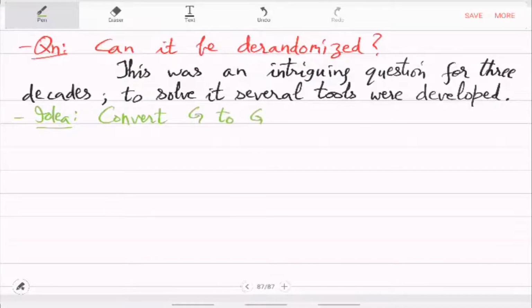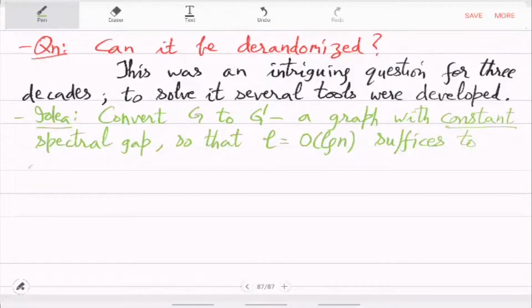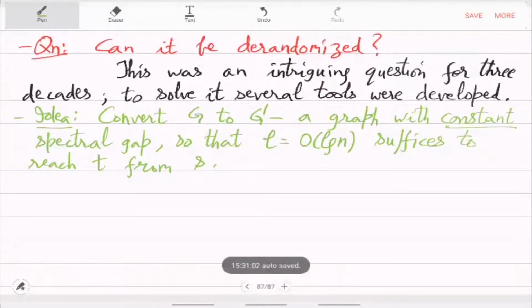So convert G to G prime, a graph with constant spectral gap so that L equal to log n suffices to reach any vertex from S. So basically it boils down to having the spectral gap constant, because remember lemma 1, if lambda is constant, let's say it's 1 over 10, then you just have to make 1 over 10 to the L something like 1 over n.